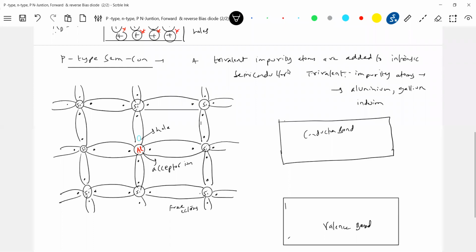So where is the Fermi level, the acceptor level? Don't bother much about anything, this is just information. The Fermi level for p-type is just above the valence band. Here, these were the holes.